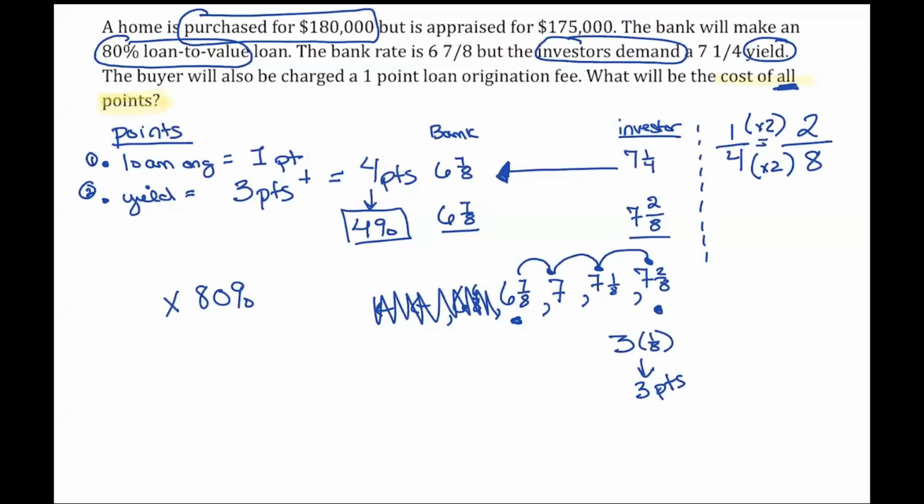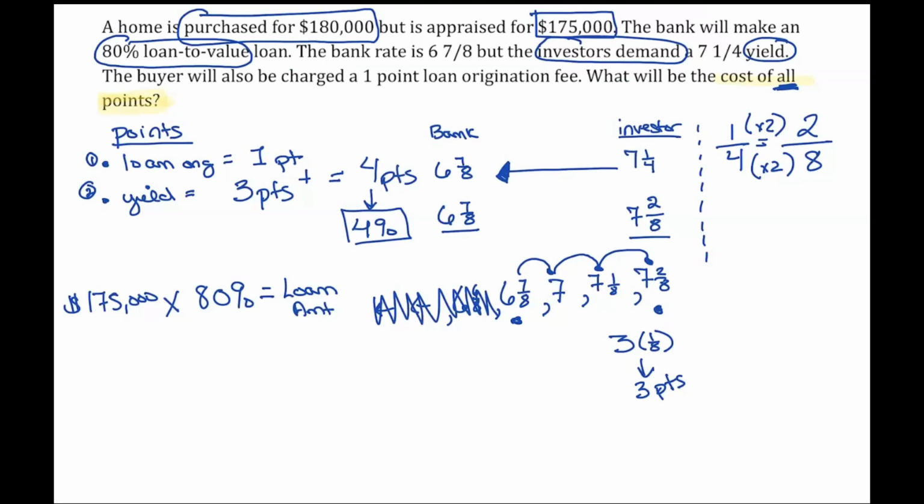Here's the problem: the house appraised for 175. So as far as the bank is concerned, what is the value of that house? 175,000. So we're going to take that 175,000 and multiply it by 80% to get the loan amount. It's going to be up to the borrower to come up with any difference.